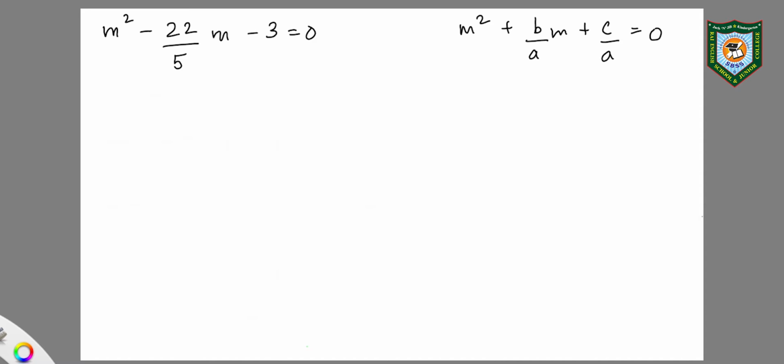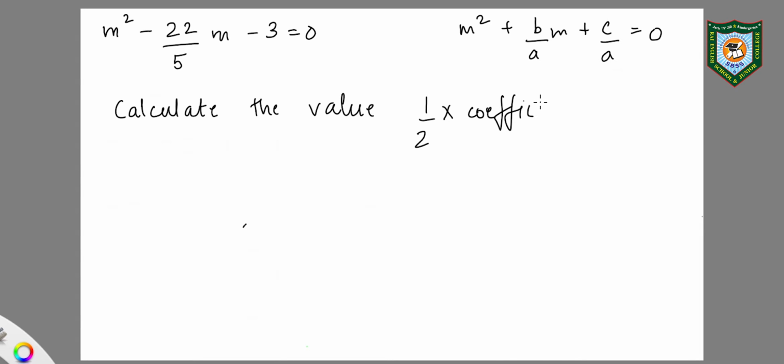Now what we need to do is calculate half into the coefficient of m, and then calculate the square of this particular value. So the coefficient of m here is b by a.